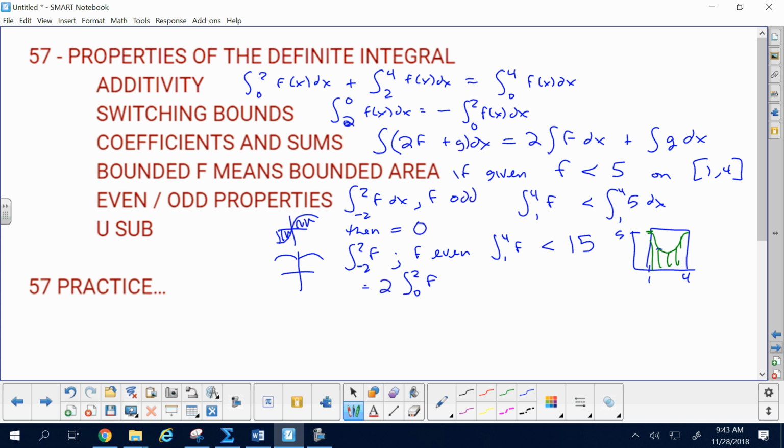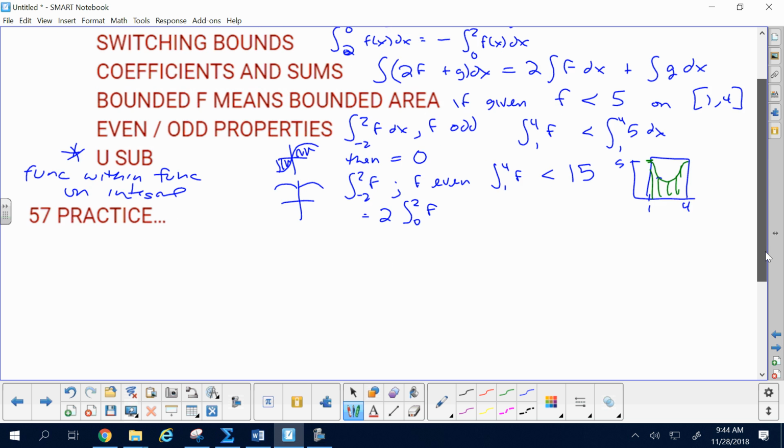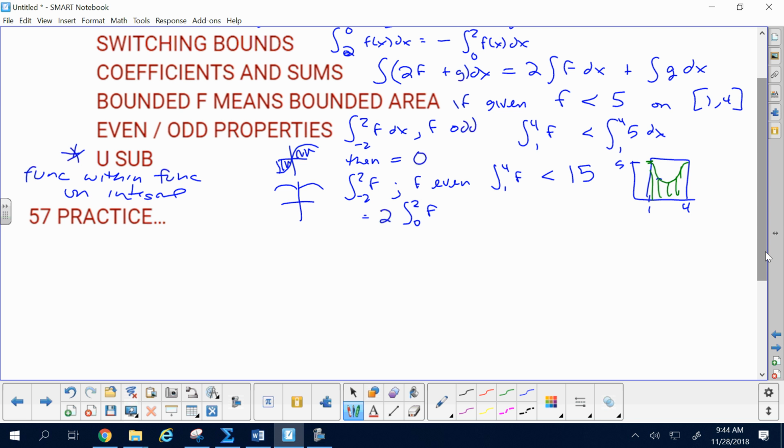And then U sub, just remember that U sub is used anytime you have a function within a function in an integral. So for example, if I told you, what's this equal to, and I gave you some stuff about f, you would right away say, 4 minus x inside another function, you would U sub, and you would let u equal 4 minus x.